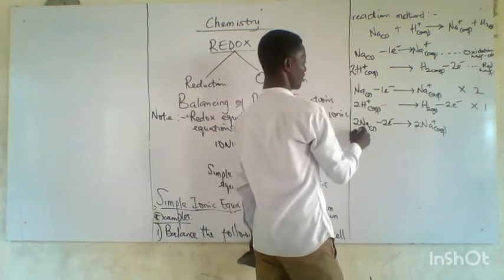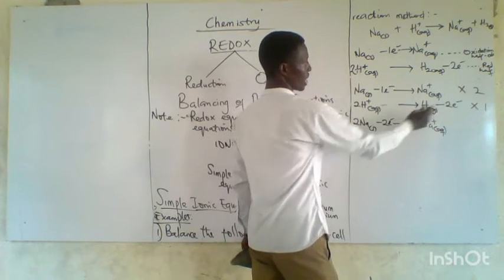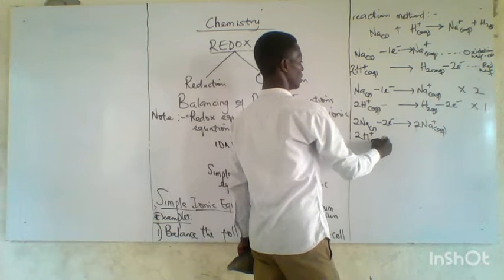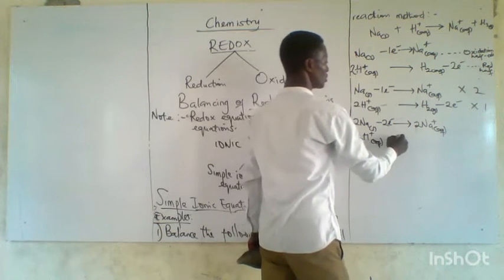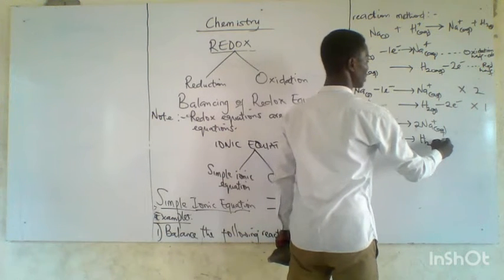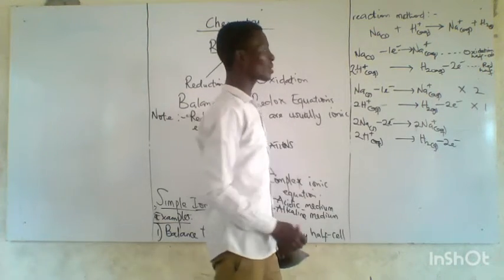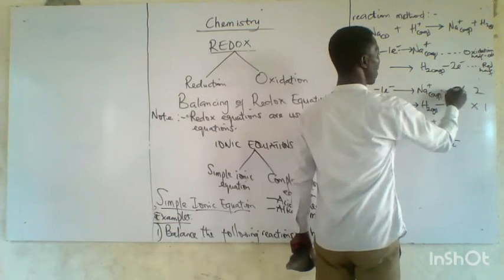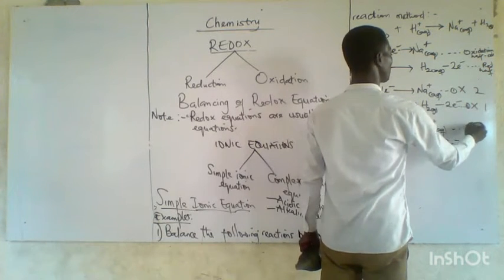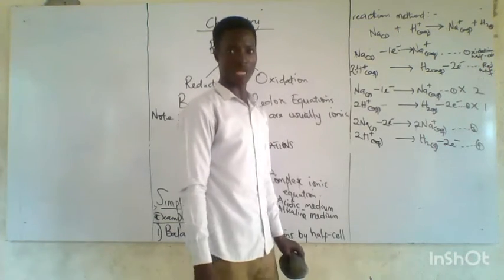Then I have the other part, I have 2, I multiply by 1 plus aqueous to give you H2 gas minus 2e minus. So let me call this my equation 1, this my equation 2, this my equation 3, this my equation 4. Does that make sense?